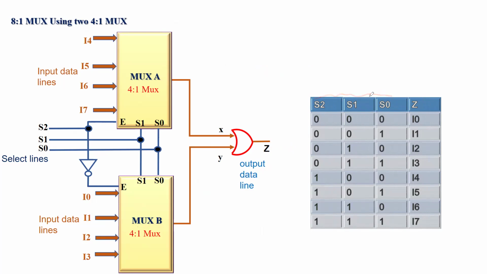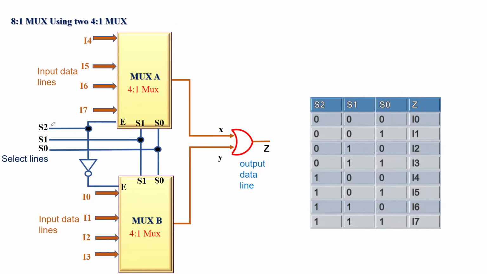Remember, there is a difference between select lines and the input data lines. So these are the select lines, S2, S1, S0, with S2 representing the most significant bit and S0 representing the LSB, that is the least significant bit in digital logic. Z is the final output.